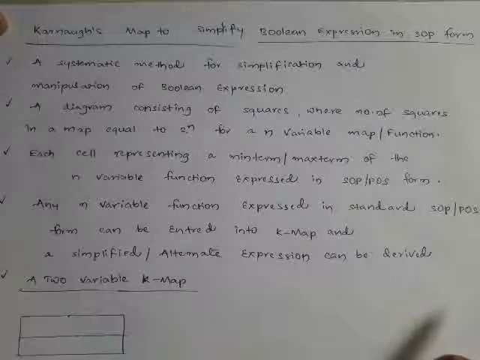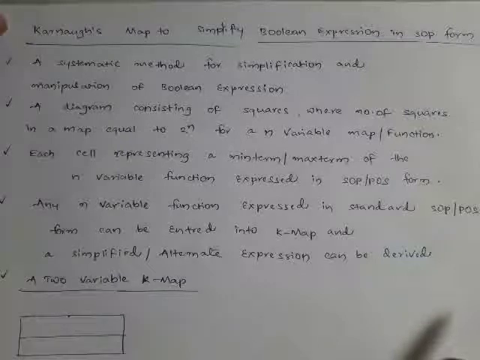That means to simplify or manipulate an n variable function, you require a Karnaugh map which should contain 2 power n squares. Sometimes these squares are also called cells of the K-map. So I require 2 power n cells for an n variable function, and a K-map containing 2 power n cells is called an n variable K-map.